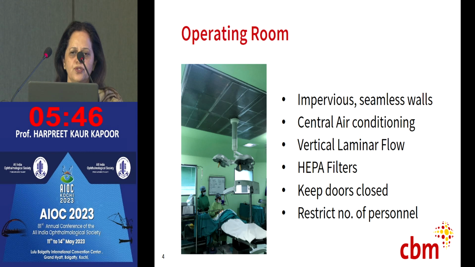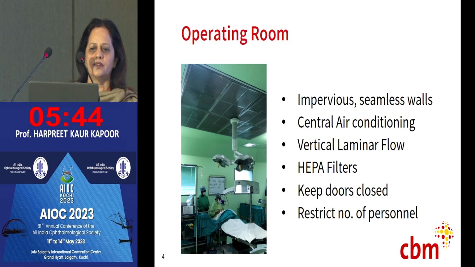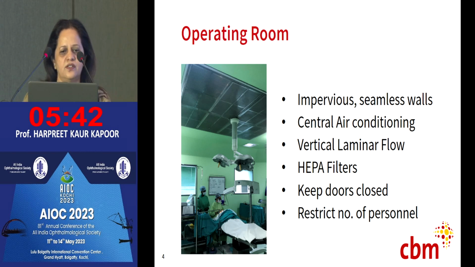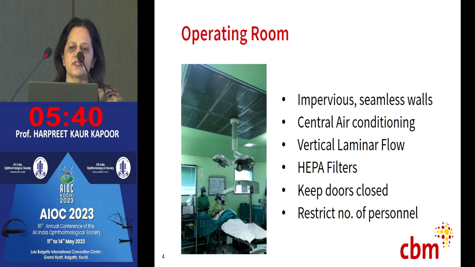And coming to the operating room, the OR should have impervious, seamless walls, and the floors should also not be made of tiles with a lot of grooves in them. It's ideal to have vertical laminar flow and HEPA filters installed in the OT, which would help in decreasing the airborne infection rate.